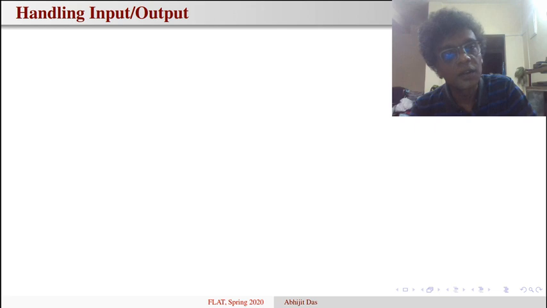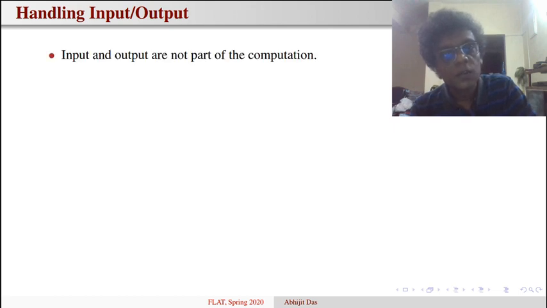This is once again not a very important question, but input and output can also be handled by this simulation. Actually, input and output are not exactly parts of the computation. And we assume that there are specific read or write instructions for your machine's architecture.